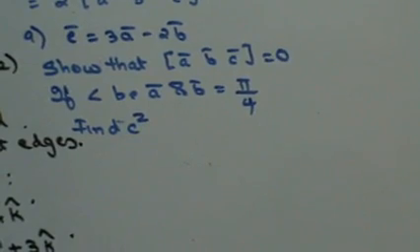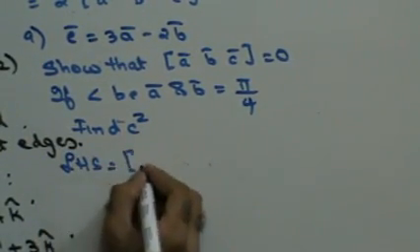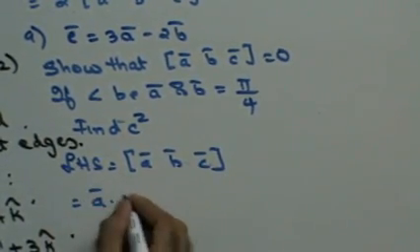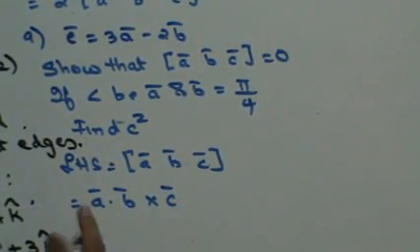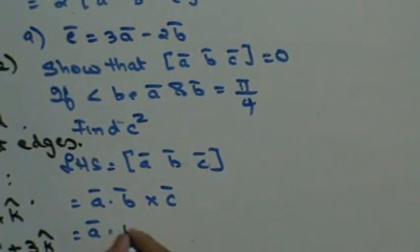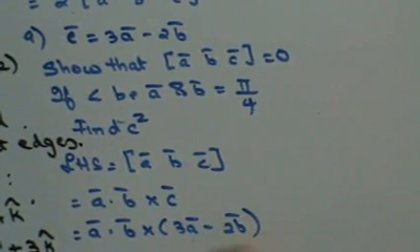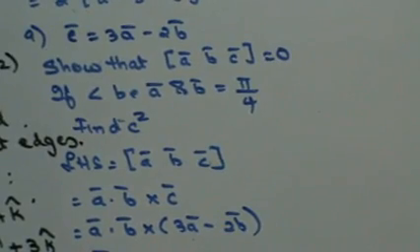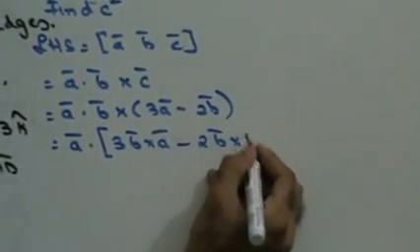First of all, let's start. Now, LHS. LHS is a vector, b vector, c vector. This is nothing but a vector dot b vector cross c vector. But they have given me the value of c vector. This can be written as a vector dot b vector cross 3a vector minus 2b vector. So this is going to be a vector dot 3b vector cross a vector minus 2b vector cross b vector.